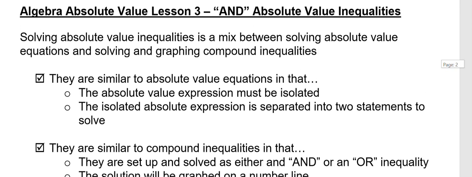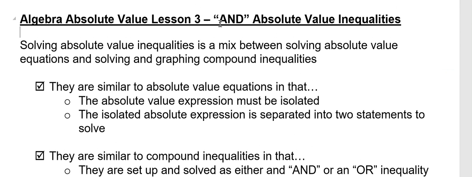So we're going to have to visualize this for today's lesson as an "and" type of compound inequality. Today's lesson will be "and" compound inequalities, and we can expect the next group of problems to be "or".